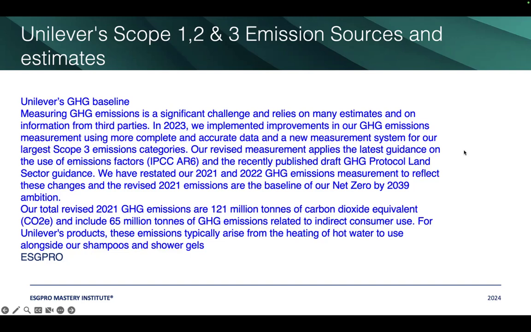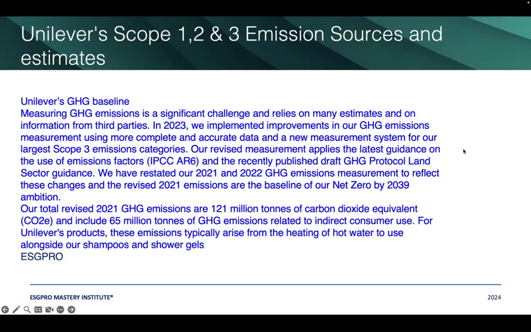So you do baselining first by calculating your carbon emission inventory or GHG inventory. Here in this Unilever case, they have highlighted that measuring GHG emission is very critical for them, and of course, it's challenging.